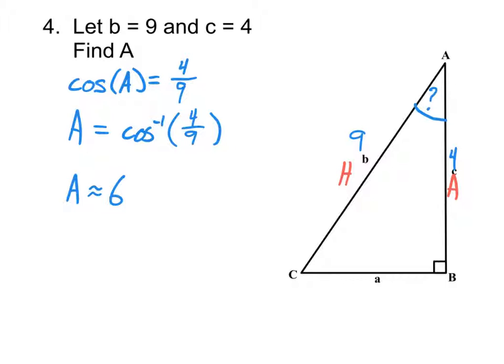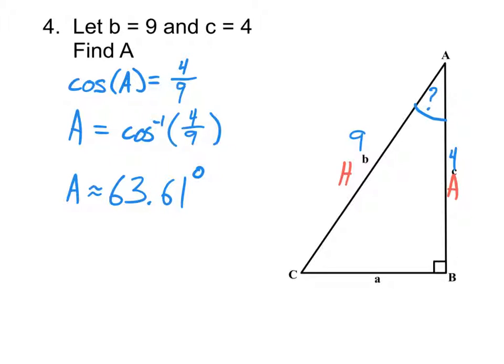When you do that, the number you get should be about 63.61. But remember what this represents. This represents an angle. The angle I know is measured in degrees, so include the degree symbol. It's a tiny little detail, but it's an important one, especially since, yes, we are going to start looking at radians here pretty soon. And that little degree symbol, that's how we tell the difference between the two.